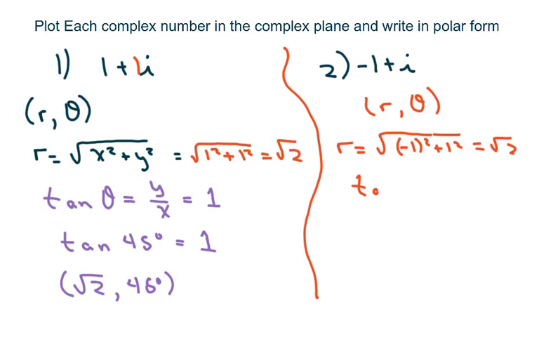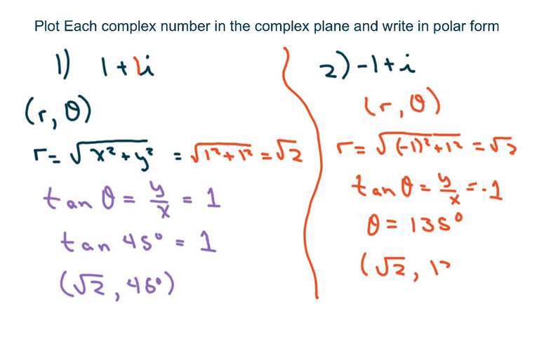Then tan of theta equals y over x, which in this case is -1. So our angle is going to be 135 degrees. Therefore, that would be square root of 2, comma 135 degrees. Okay, now let's go ahead and plot this.